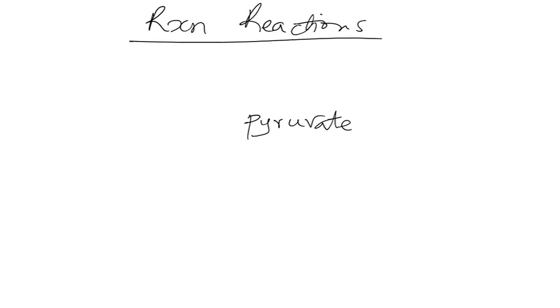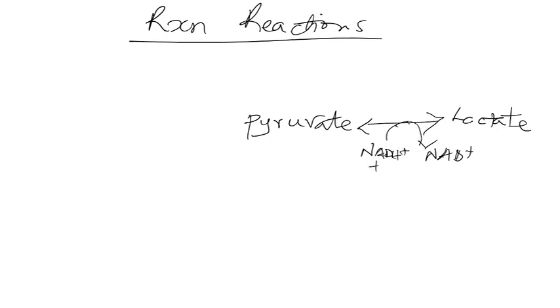So here we can say, first of all, the pyruvate can be converted to lactate via the enzyme lactate dehydrogenase through a reductive process. So you have NADH plus H plus, like that.